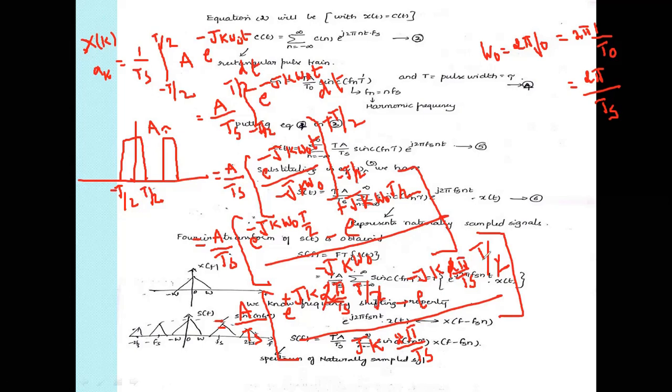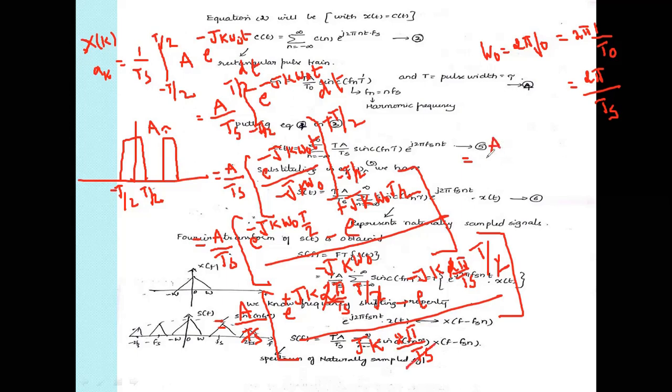Now you can write the simplified equation. Here there is a Ts, and in the denominator also the Ts is there; they get cancelled.